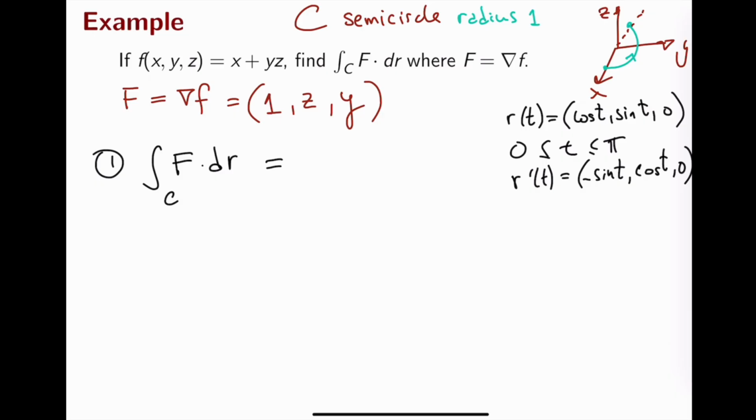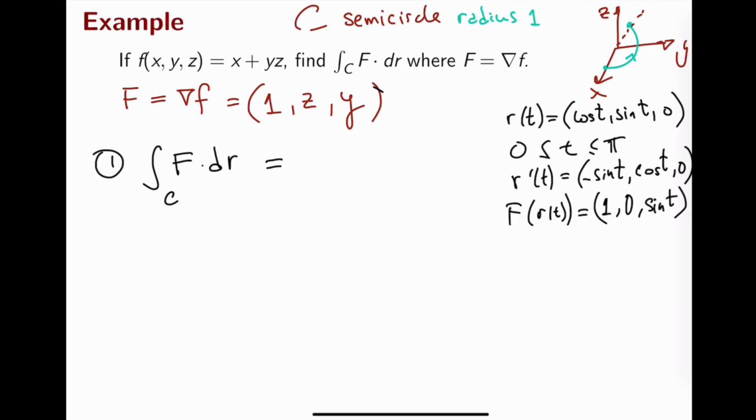And the vector field evaluated at the curve: the first component is 1, there is nothing to evaluate there. The second one is z, and evaluating here, z is actually 0, so this is going to be 0. And the third one is y, evaluating here is going to be sine t.